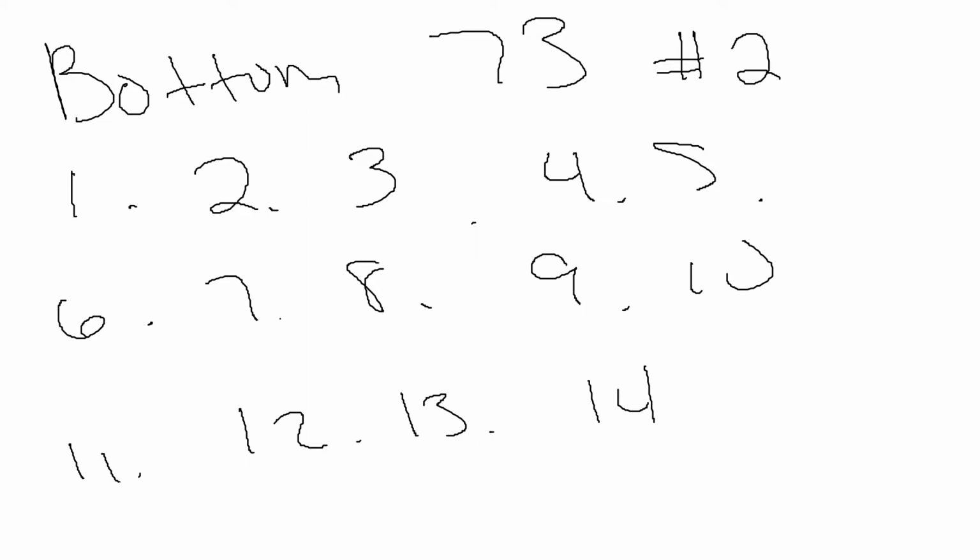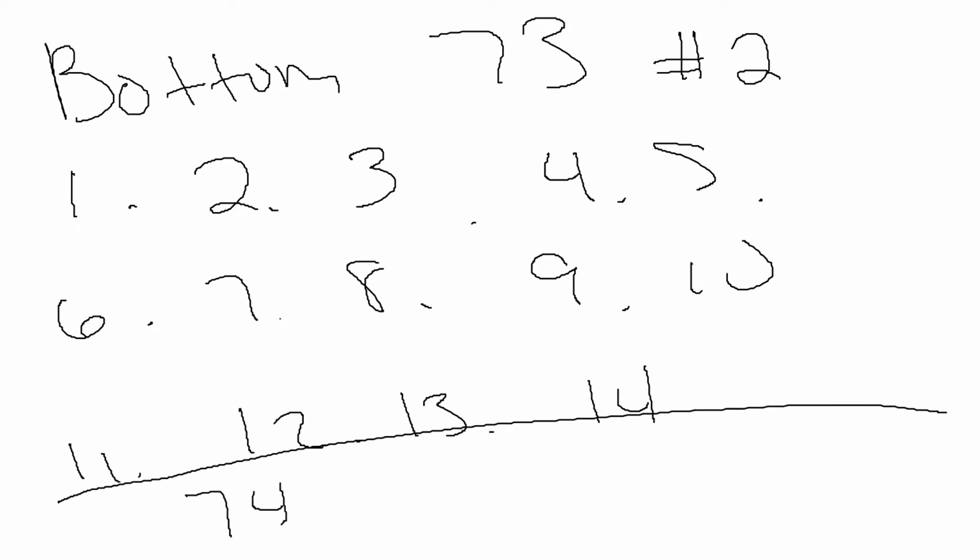And then if you turn the page to page 74, and I should have numbered this smaller, you have activity number 3, and it's numbered the same way, but it's going to start at 15, then 16, 17, 18, all the way down to 30.